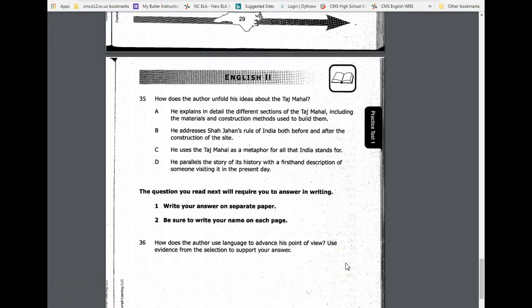So let's look at answer A. He explains, he is referring to the author, he explains in detail the different sections of the Taj Mahal, including the materials and construction methods used to build them.